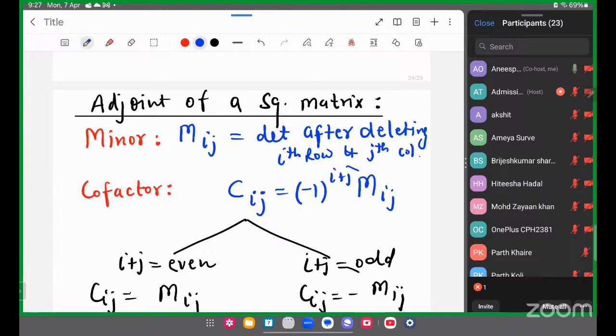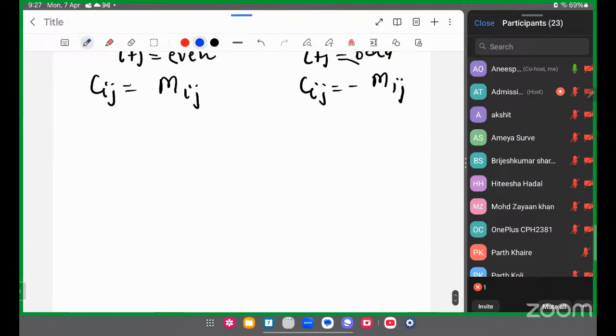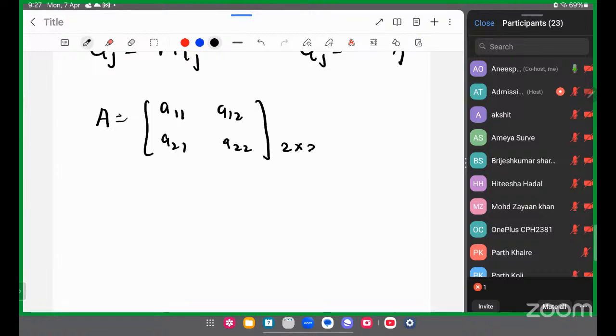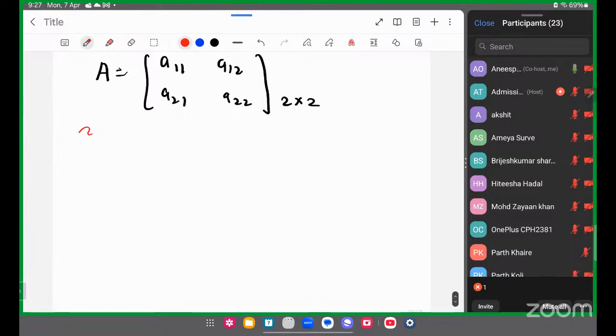Which means if you have a square matrix A11, A12, A21, A22, and I want to know what is the minor of the A11 element.